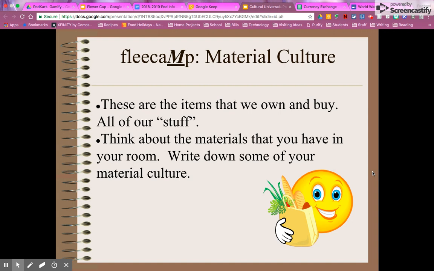So think about some of the things that belong to you in your room, and write some of those down. So you really probably can't say a house unless you've already been working and buying your own house. That might be belonging to your parents or your grandparents or something. So think about your belongings, your pillow, your stuffed animals, your maybe your iPad or a Chromebook. I don't know.